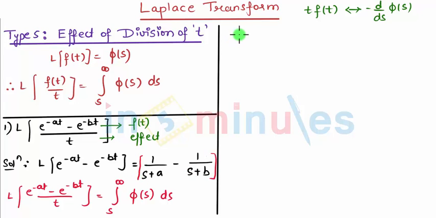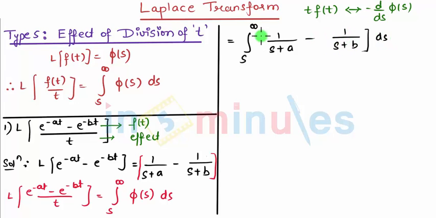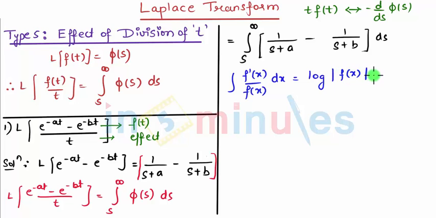So let's substitute. I can say integral from s to infinity of 1 upon s plus a minus 1 upon s plus b, ds. Students, we know that integration of f dash of x divided by f of x dx is nothing but log of the denominator, that is f of x.